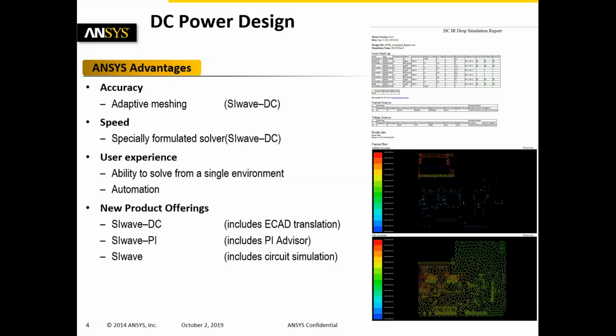So it's not a full 3D structure simulator, unlike another flagship tool, HFSS, which is a 3D full structure simulator. SI Wave is only a 2.5D hybrid solver. With this, quote unquote, compromise, SI Wave allows a significant speed up in getting you results fast.